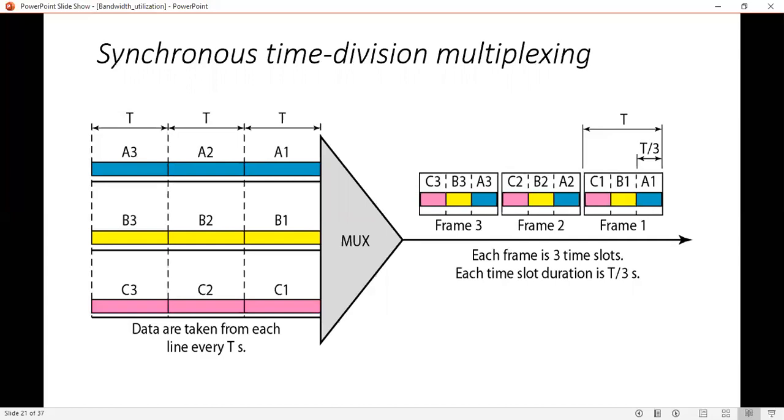Now the time required for A1 is t by 3, and each frame is 3 time slots. All together, C1, B1, A1 together is t. Each time slot duration, that is the A1 duration, is t by 3 seconds, B1 duration is t by 3 seconds, and C1 duration is t by 3 seconds.